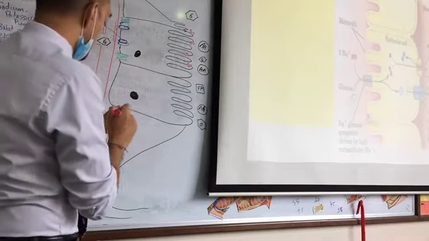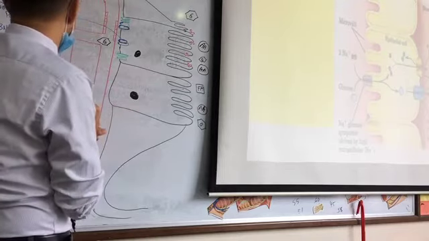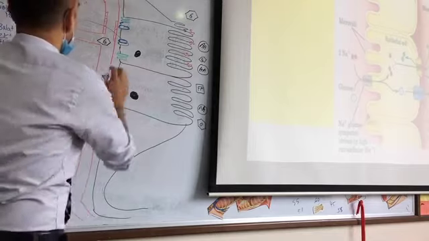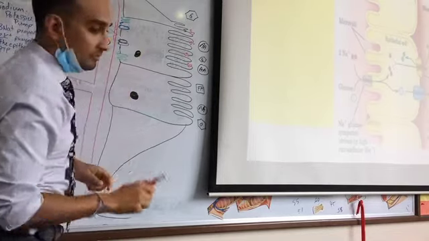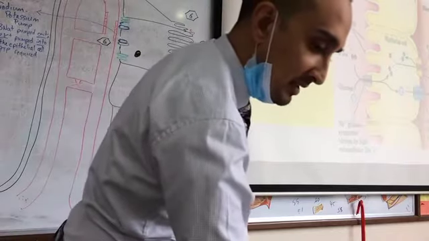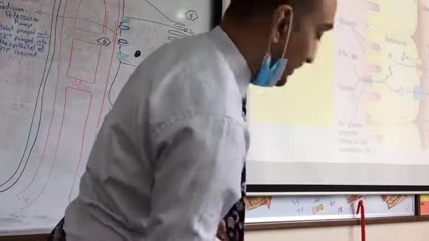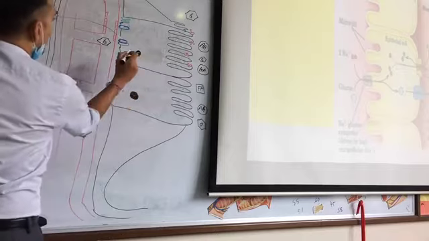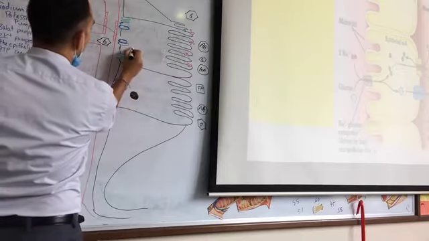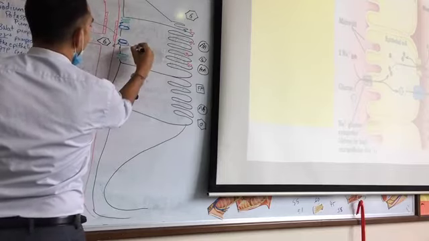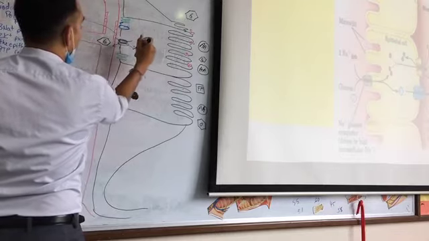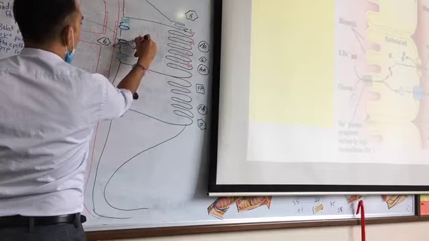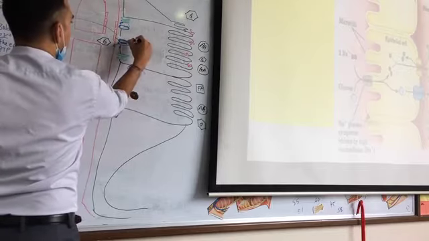So I'm just going to do this. This is why I didn't really want to do an arrow. Maybe I'll use black for this. So 3 sodiums are pumped out, while 2 potassiums are pumped in.